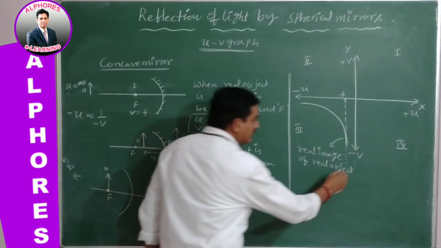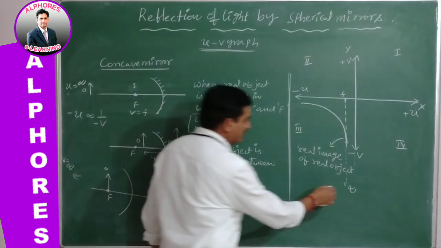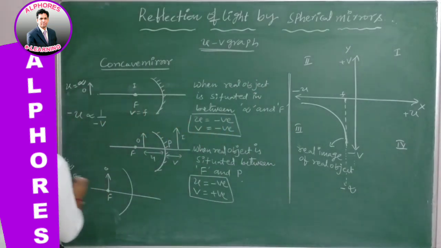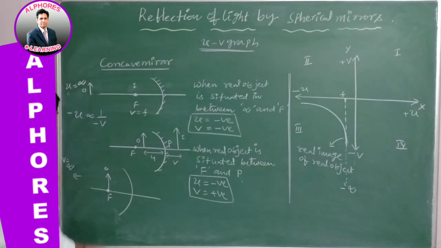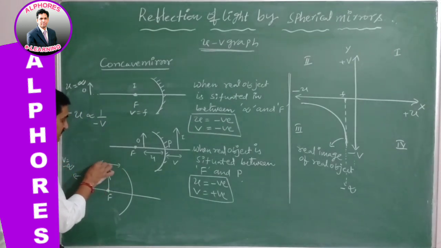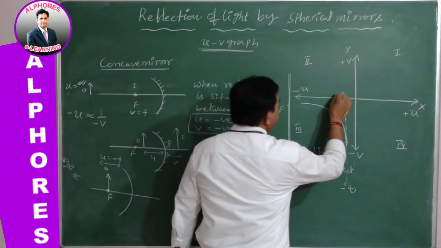So it goes to minus infinity, negative sign. Yes, exactly, it is minus infinity. Now the sign convention is taken into account. Here the focal length means the object distance U is, with sign convention, minus f. Therefore, this is minus f here.